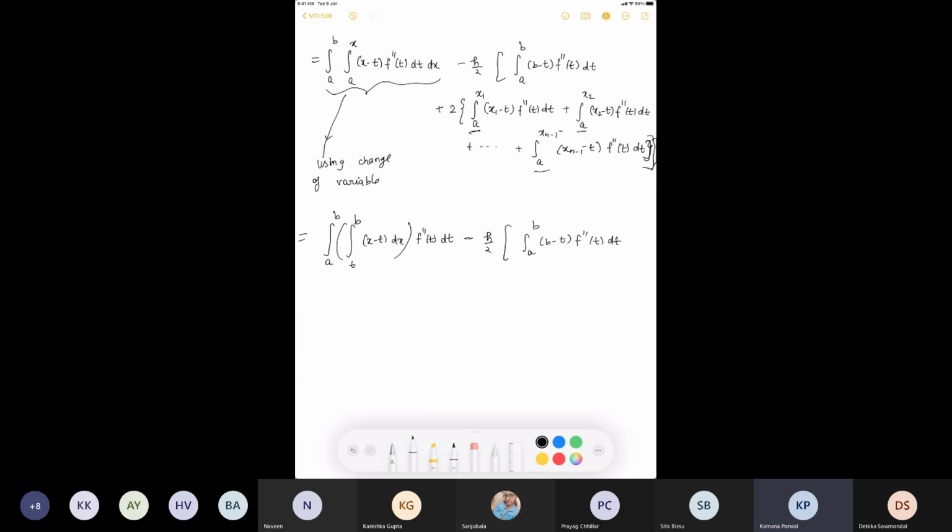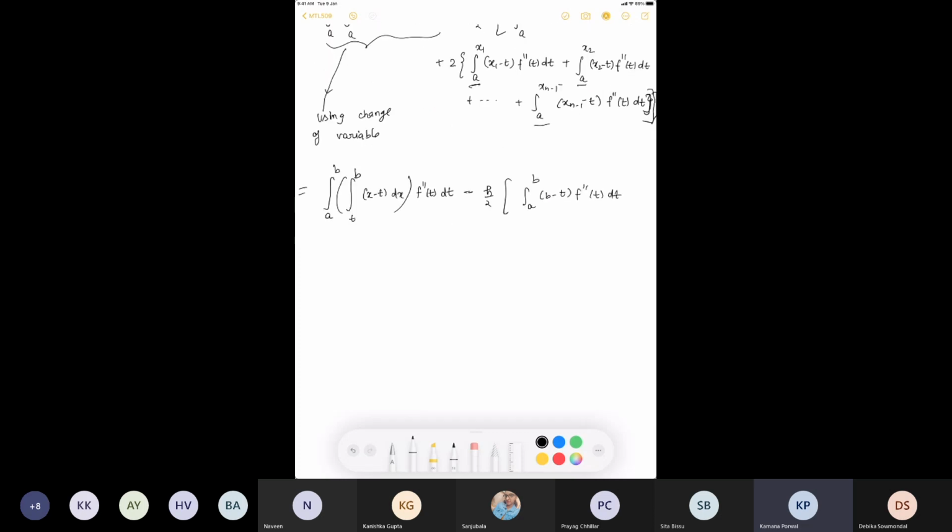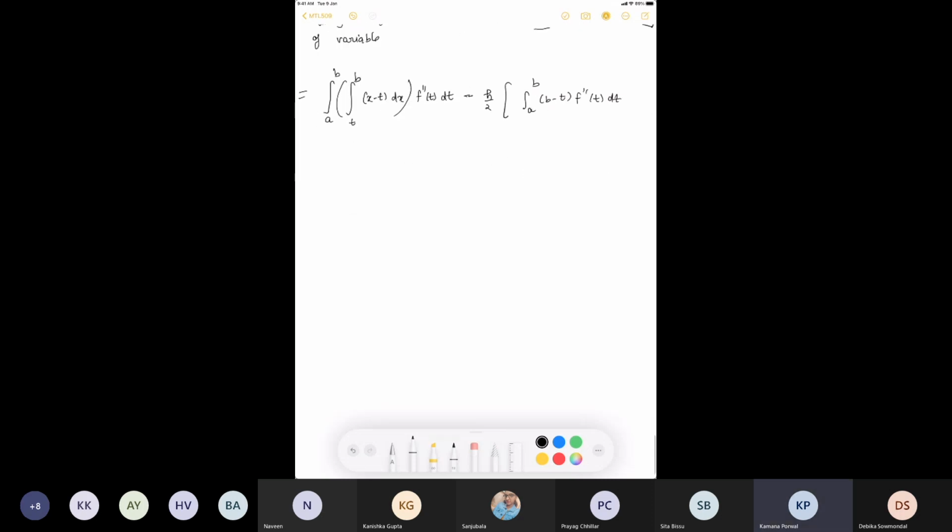Now I want to use some idea so that I can write these limits of integration as a to b itself, so that I will be able to combine the terms, right? So I'm using this notation. I'm defining xj minus t, with a positive sign in the subscript. If you are already familiar with this positive part of the function, then great.